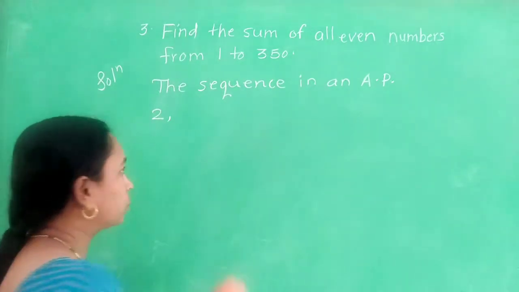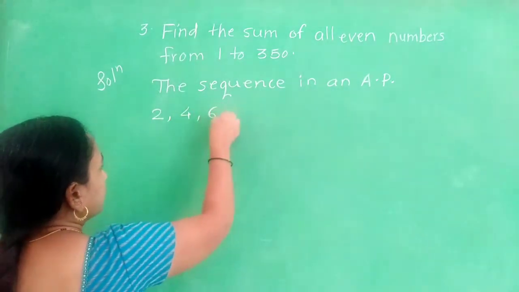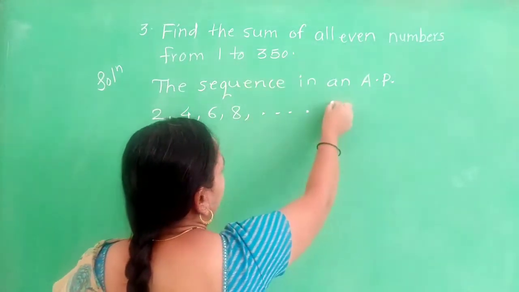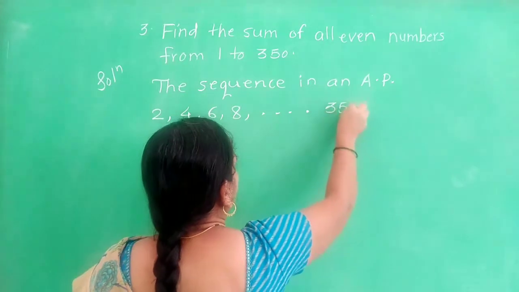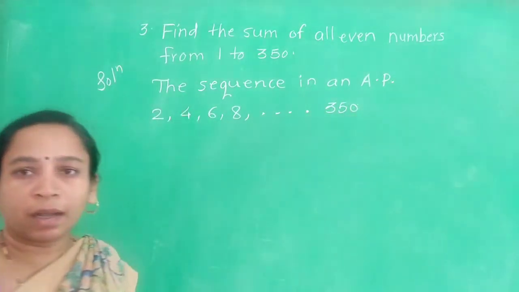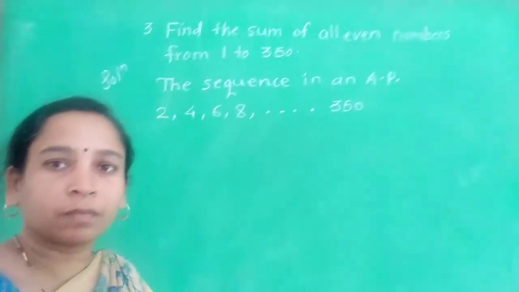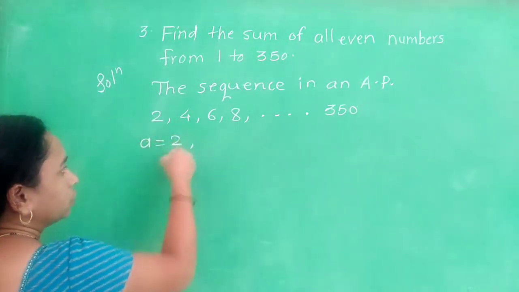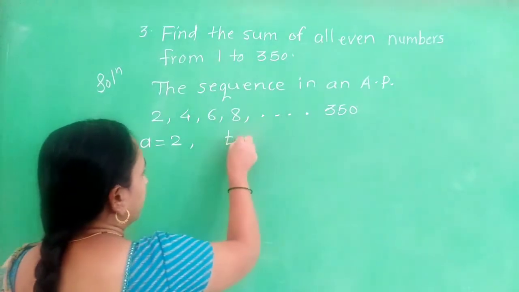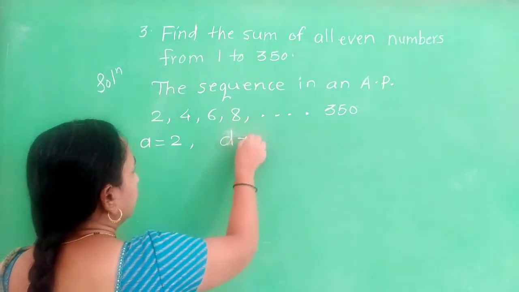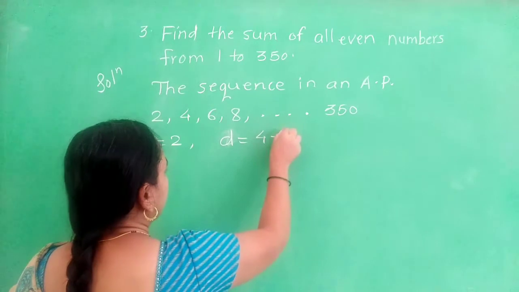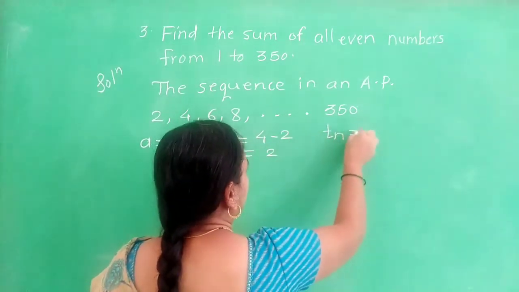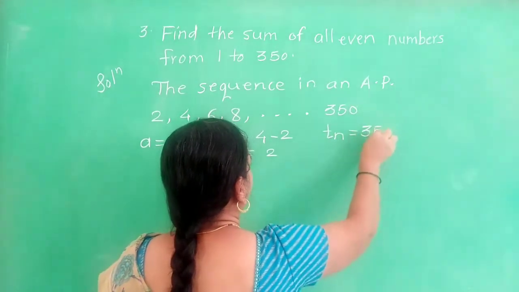It starts from 2, 4, 6, 8 and goes up to 350. Up to 350 means the last even number is 350. So here we get A's value is 2, D's value is 4 minus 2, it is 2. And here we have the last term, Tn is equal to 350.